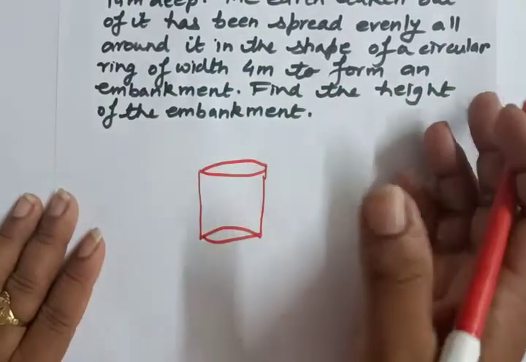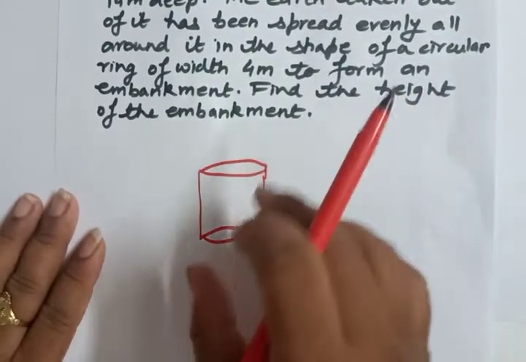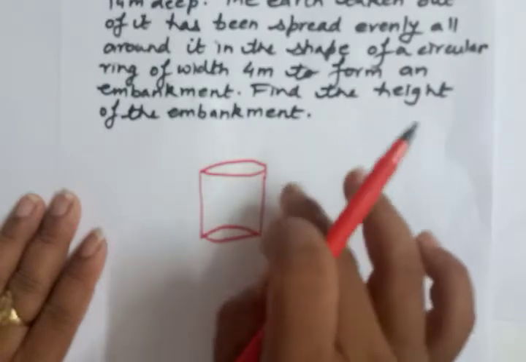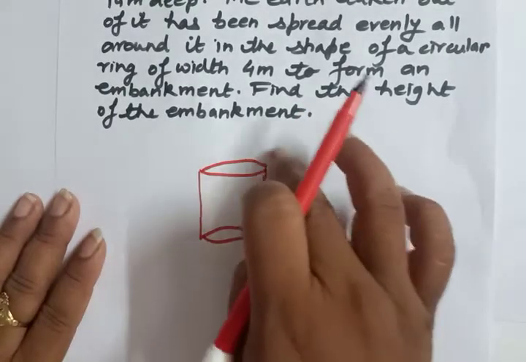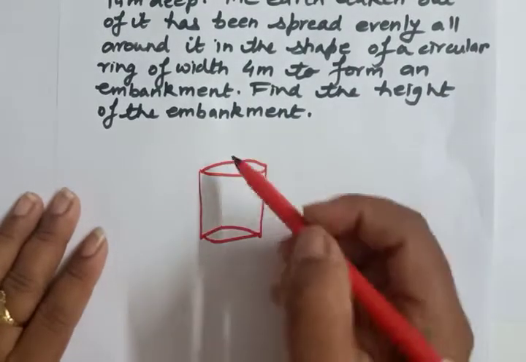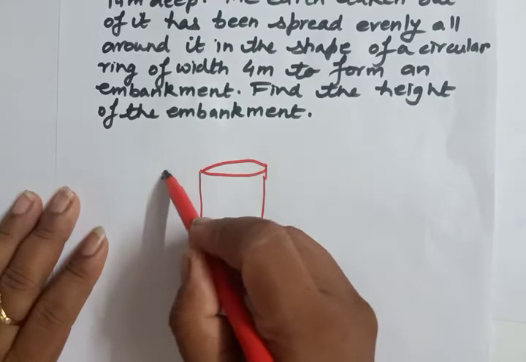That is what they are saying, the earth taken out. That earth, the material taken out after making this well, is spread all over to make an embankment. What is an embankment? They have spread it like this.